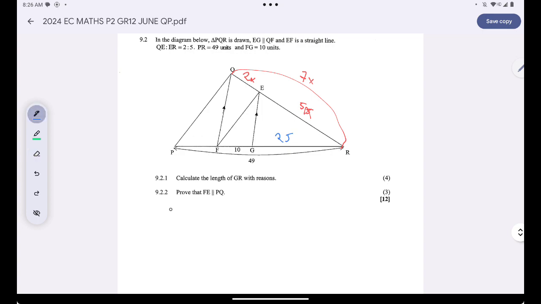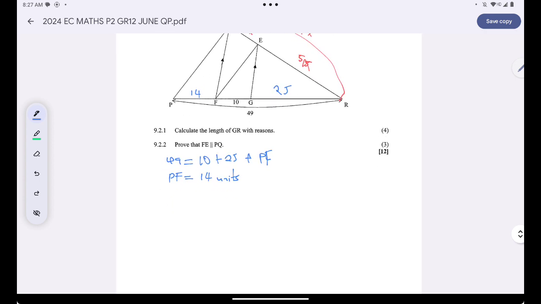So 49 will be equal to 10 plus 25 plus the length of PF. So 49 minus 35, I think it will be 14. So the length of PF will be 14 units. Right, together. So this is 14.